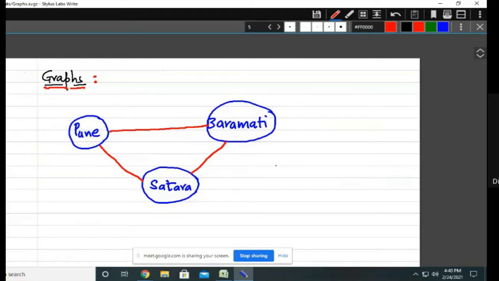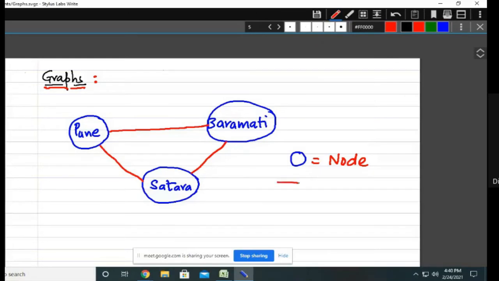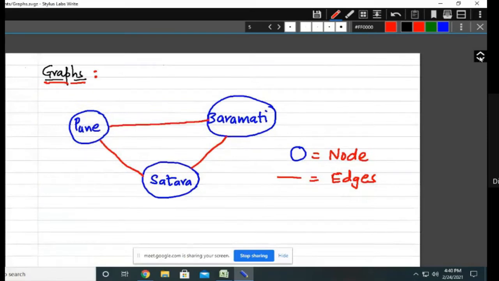The circles that you see are called nodes. I'll draw it with the blue color so that you will understand. So this is a node, and then the edges that you see in the red color are the edges that are connecting the nodes. So these are the two basic entities of the graph.